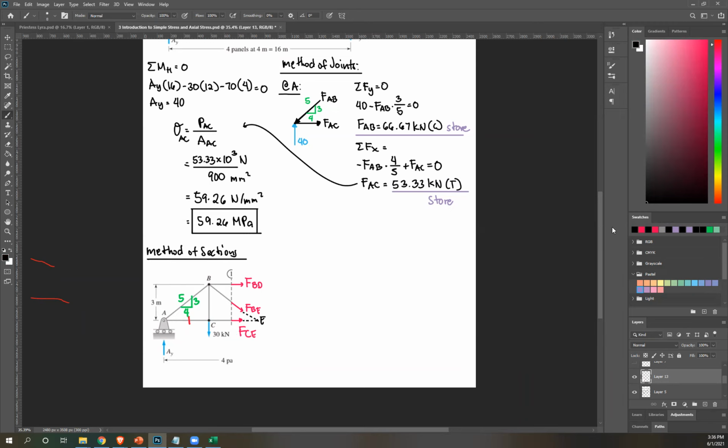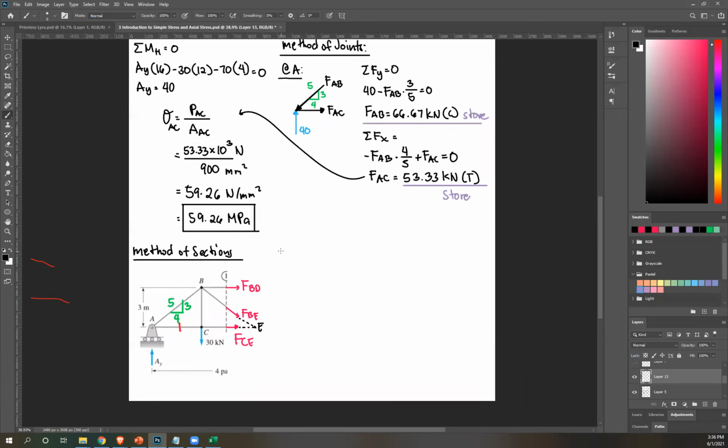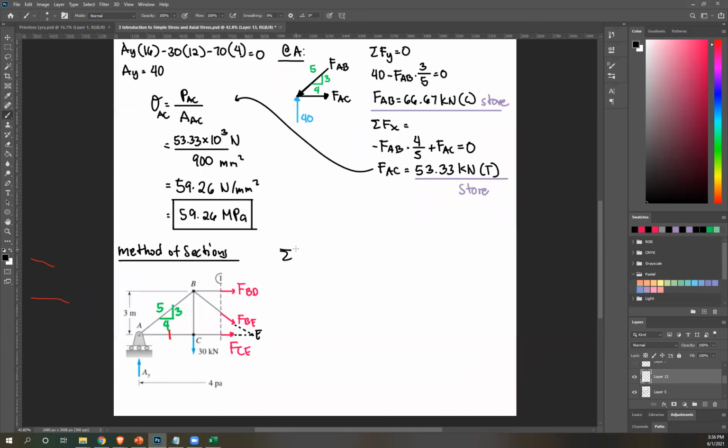Okay, so let's take a moment about E. Let's start with AY. Rotate AY about E, that's clockwise, therefore positive AY. Perpendicular distance, this is 4 as well, so that's 8.